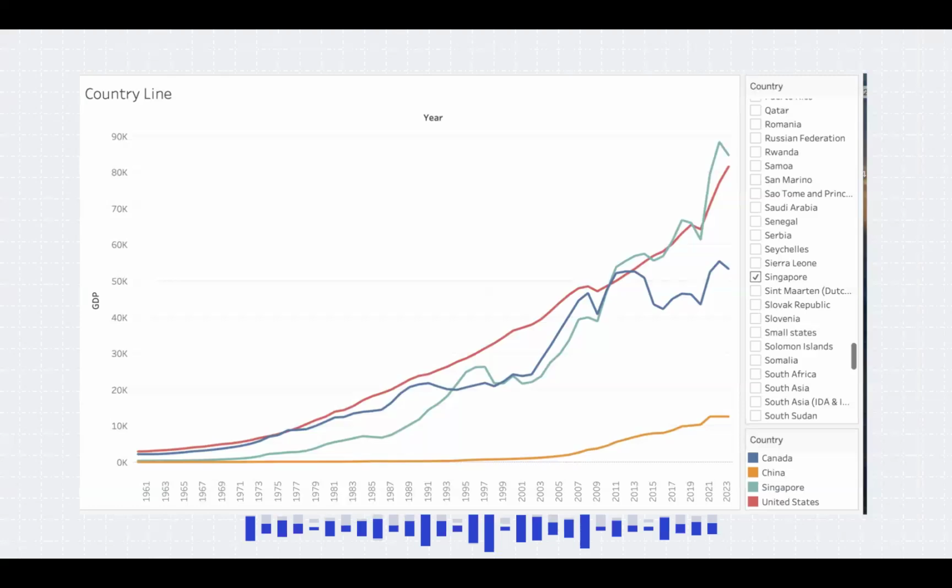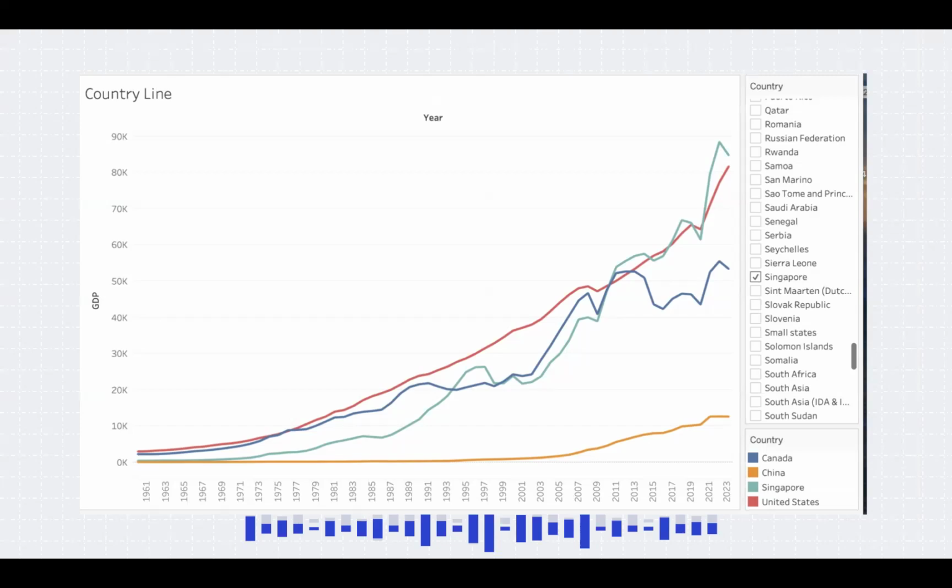Canada's growth is steady but more gradual, indicating stable economic development. This comparative analysis underscores the diverse economic landscape and growth patterns of these nations, reflecting varying degrees of industrialization, policy impact, and global economic integration.